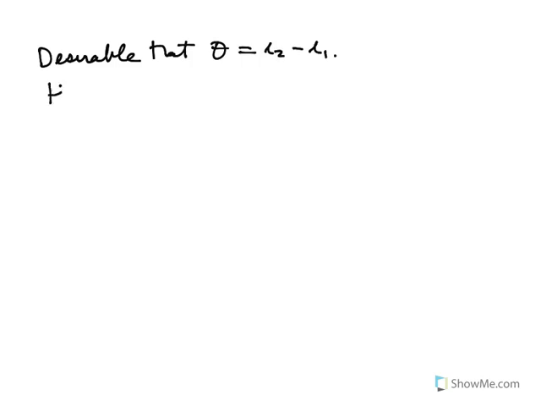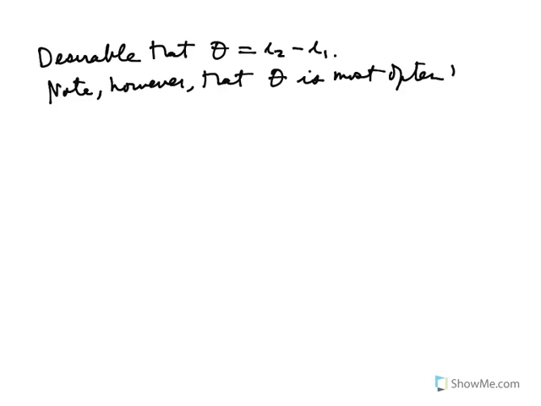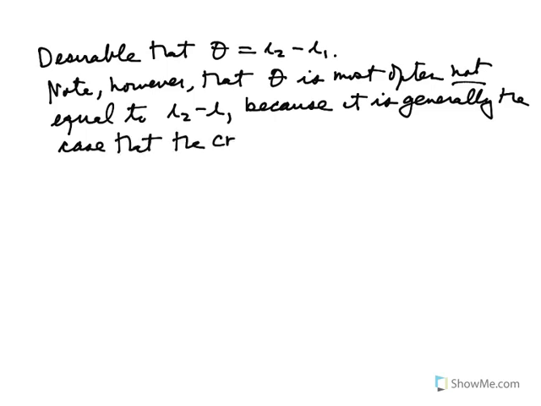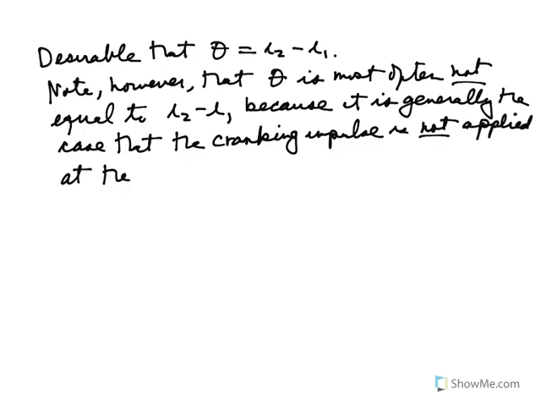But theta is most often not equal to I2 minus I1 because it is generally the case that the cranking impulse is not applied at the ascending node.